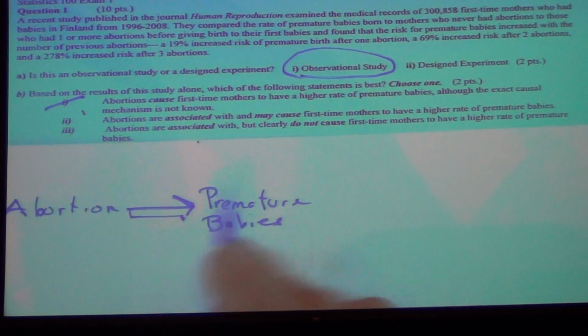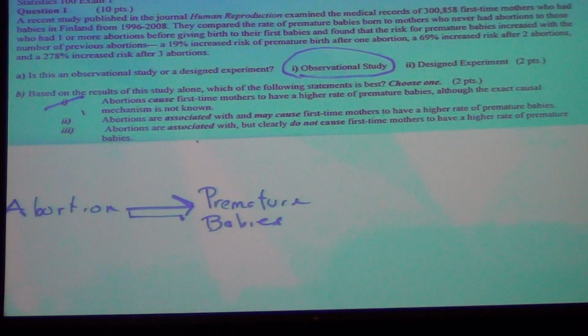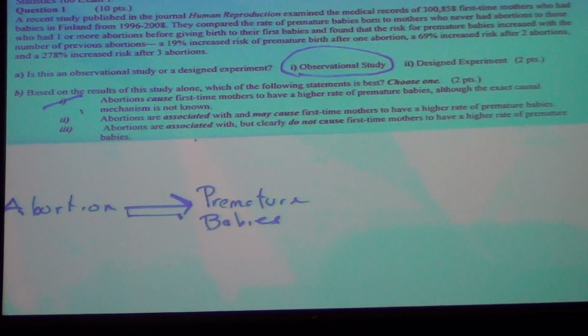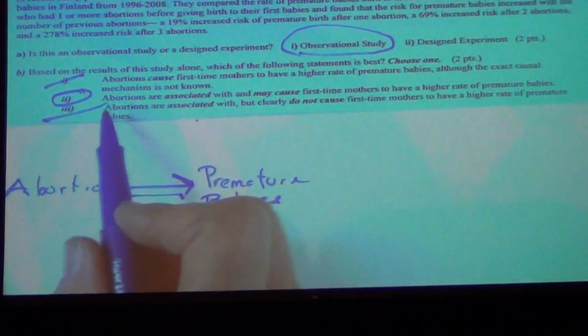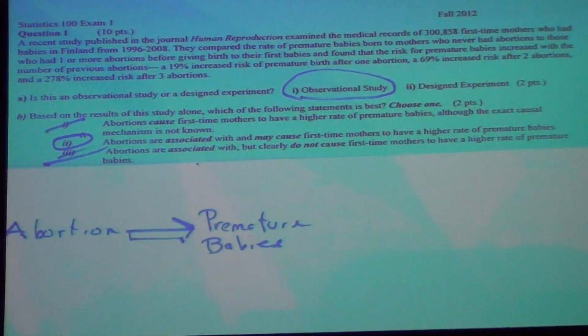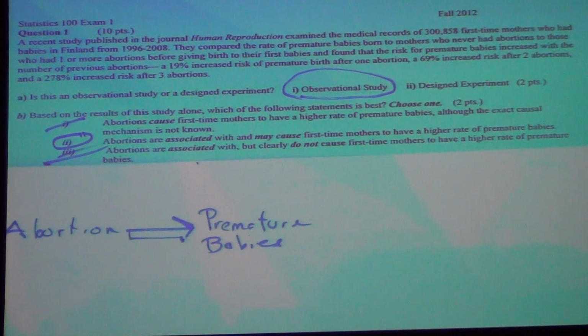Do we know that it's clearly not the abortion? You see these two things together. Which one do you think we should choose? The second one, because we haven't proved that it does cause, and we haven't proved that it doesn't cause. All we know is that they're linked together. We have to do further study.